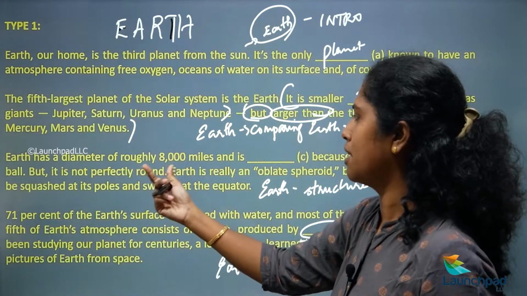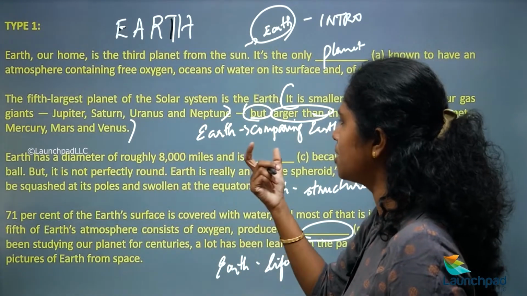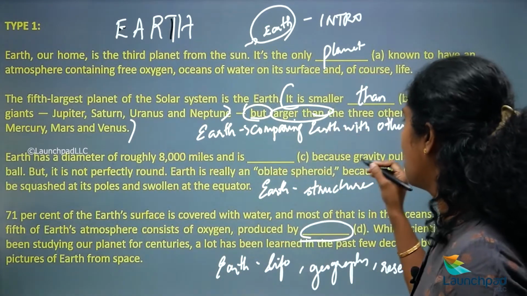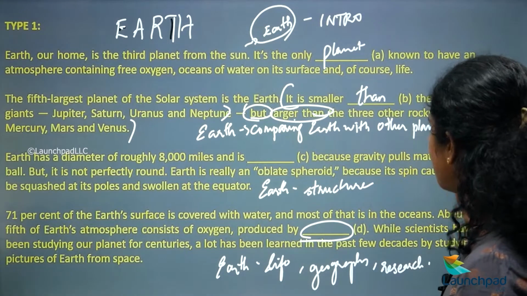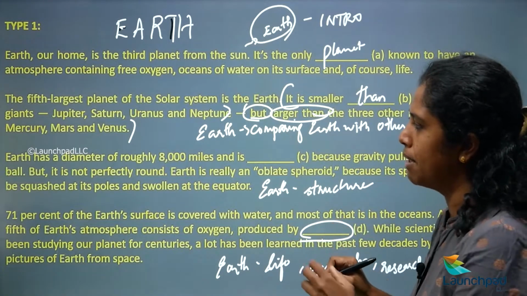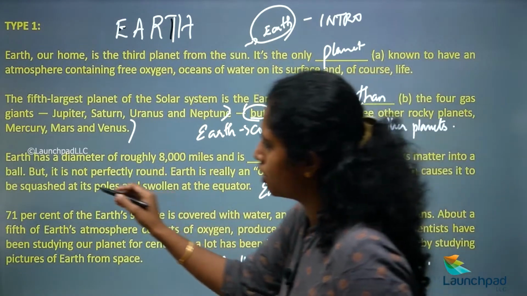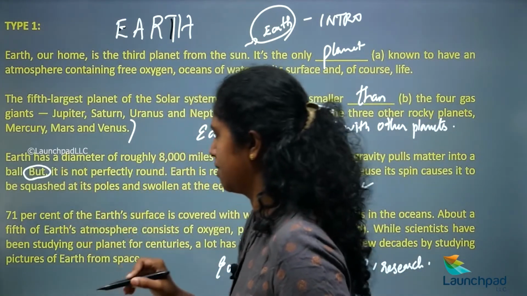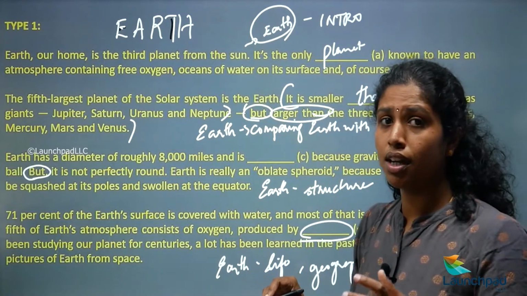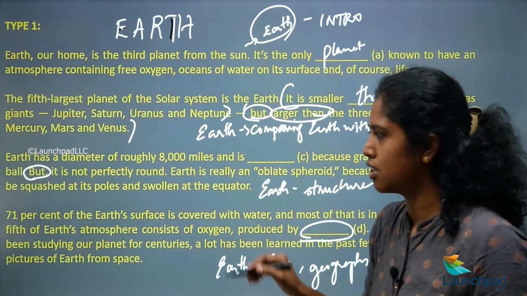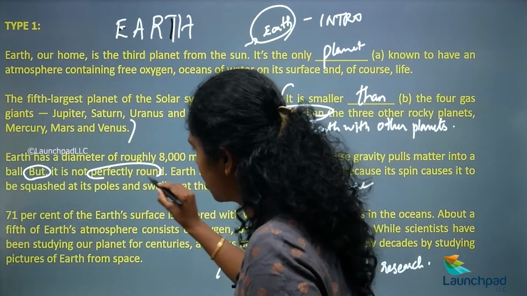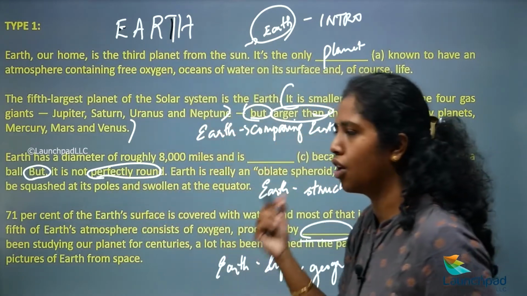Earth has a diameter of roughly 8,000 miles and is dash because gravity pulls matter into a ball, but it is not perfectly round. Here also we have the word but. You can look for the phrases. But it is not perfectly round, so it is providing a contradiction.